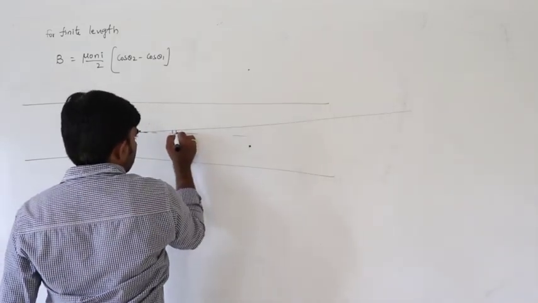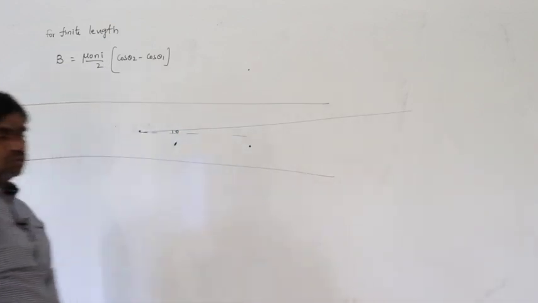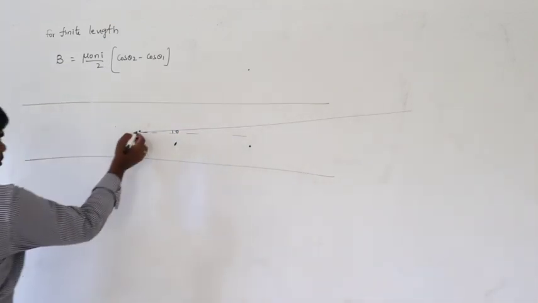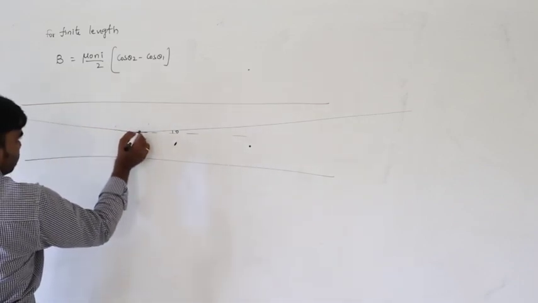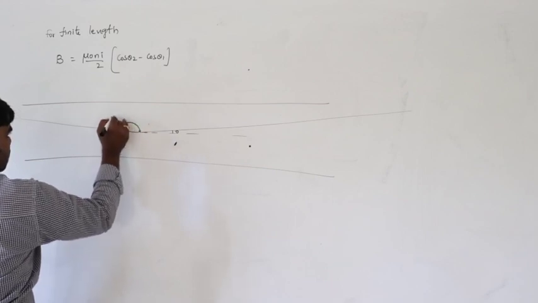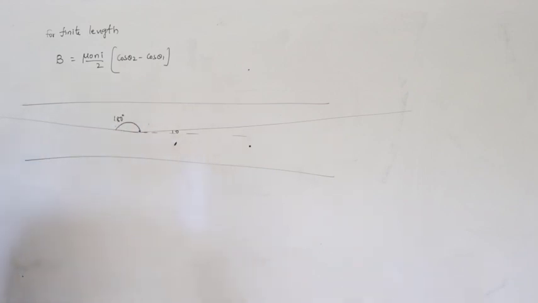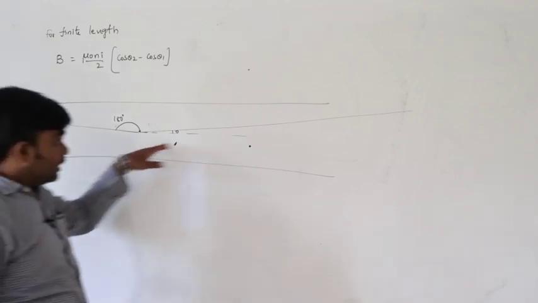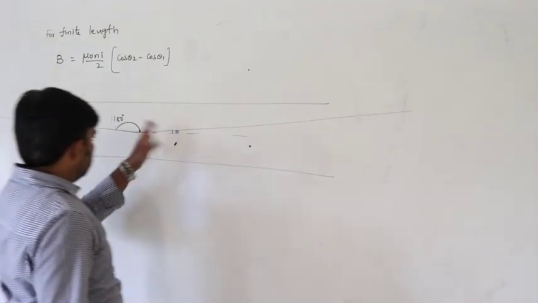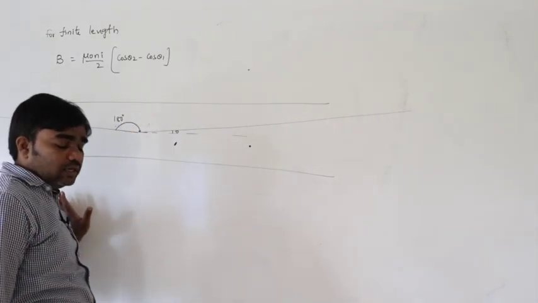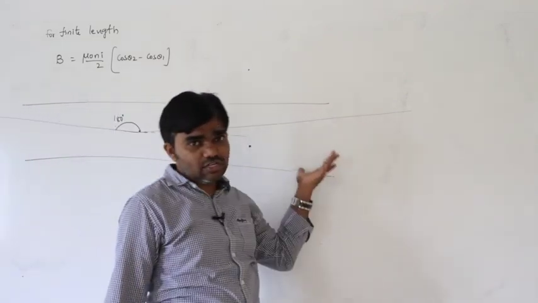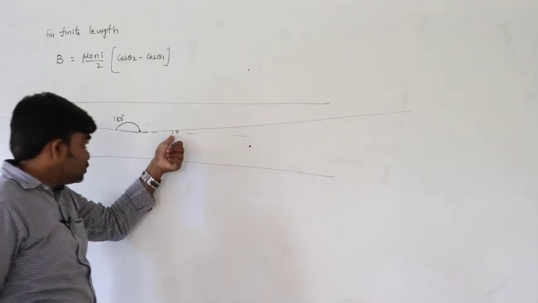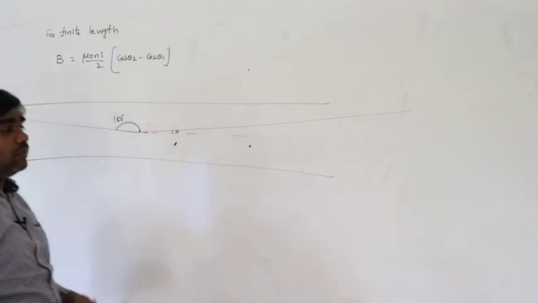So the negligible angle, let us say it is considered as 0. And theta 2 must be measured with this end, with the horizontal. This is also infinite length here, so this angle from this position I am considering as 180. At this end it is 0, at this end it is 180, because for infinite length it is not possible to say where it ends. So that's why theta 1 is 0 and theta 2 is 180.